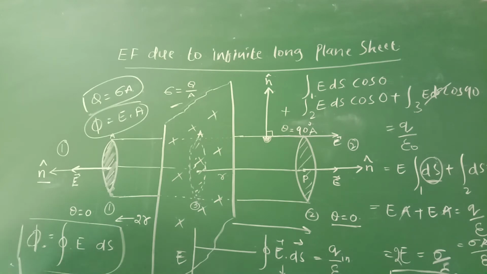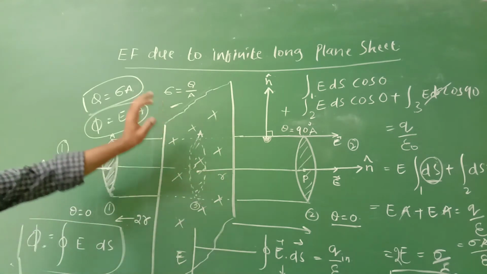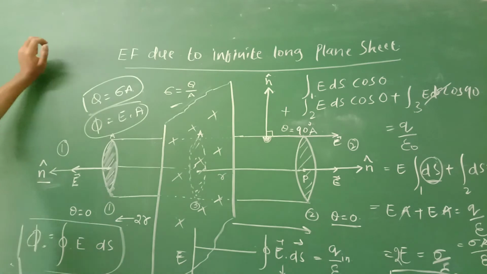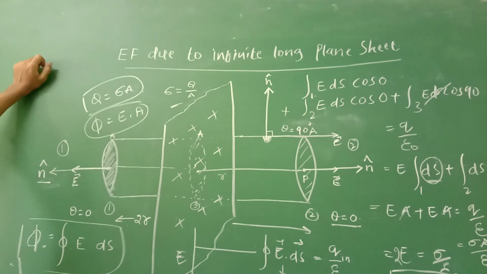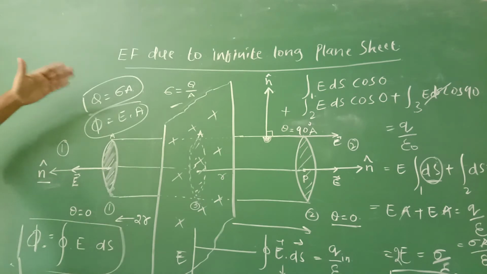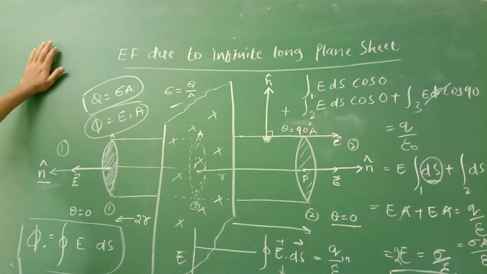In this closed surface, now we have to find the area vector. How can we find the direction of the area vector? The area vector direction is always perpendicular to the surface, in the outward direction.